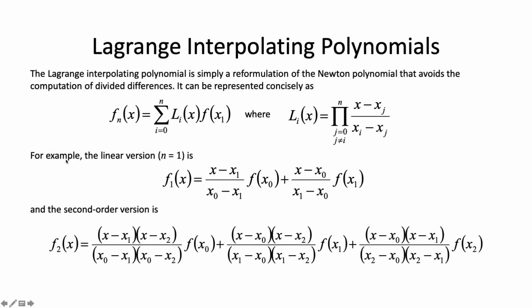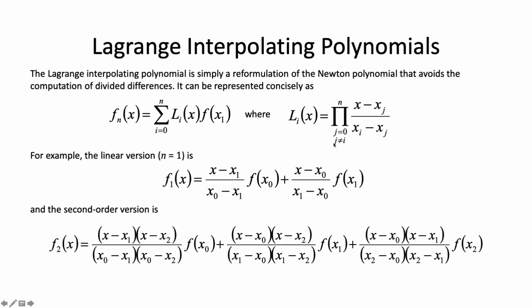For example, in the linear version where n equals 1, this summation runs from i equals 0 to 1. So we need two terms. We have the term involving f of x naught, which is this term, and another term involving f of x1, which is this term. So for i equals 0, we have i equals 0 here.